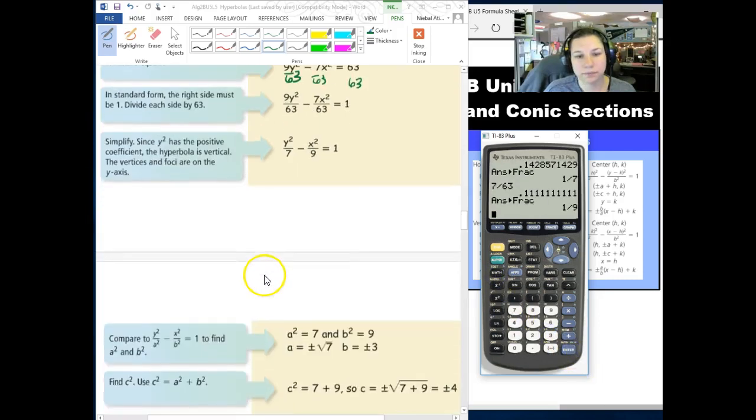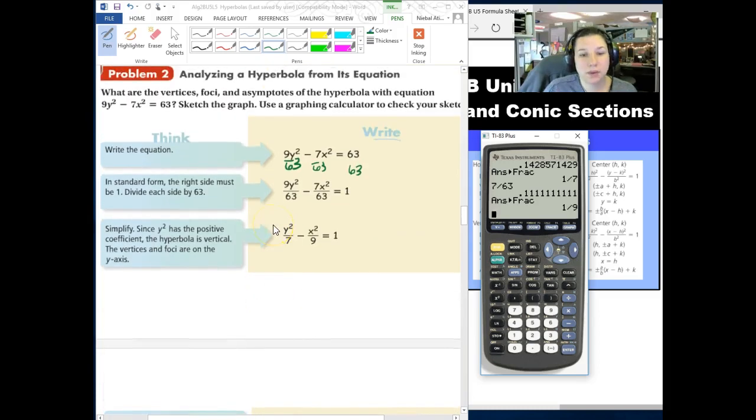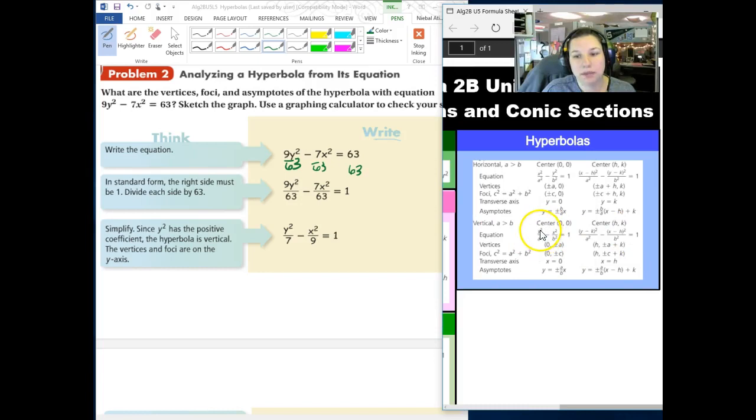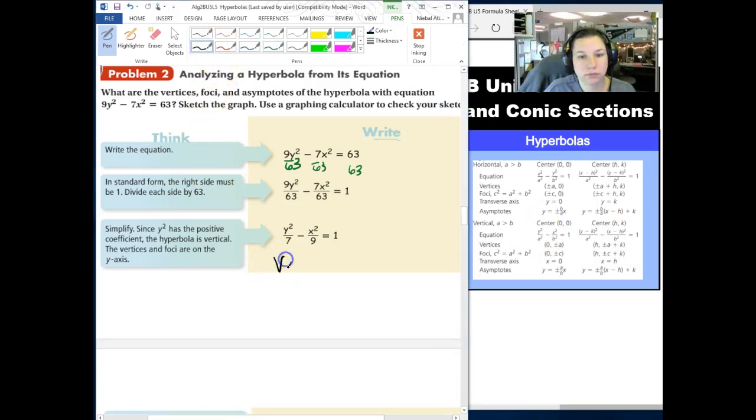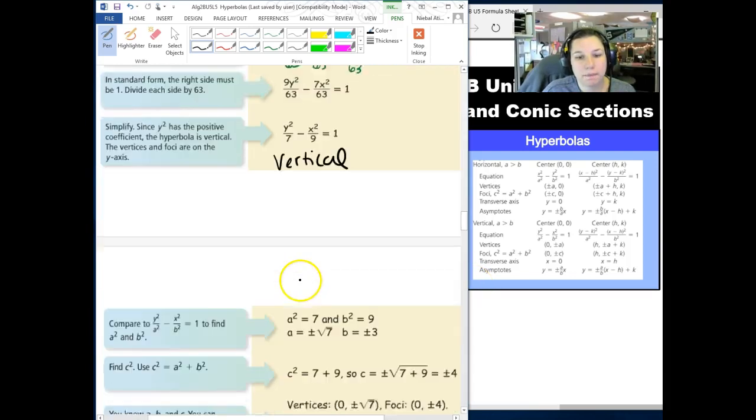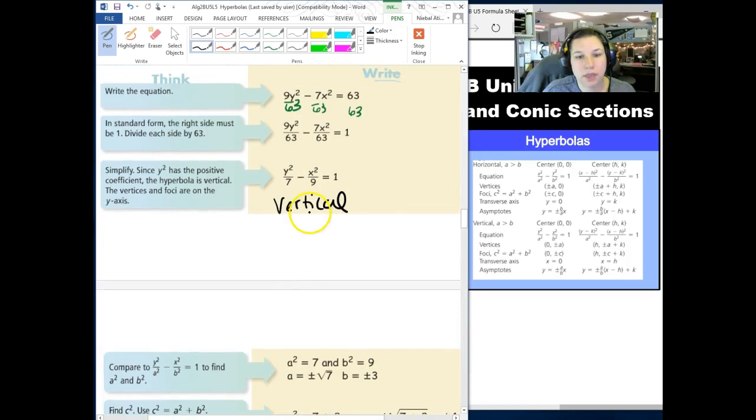and then 7 over 63, get a 9. This equation is y squared minus x squared, so that means that it's vertical. Okay, note that as well. This means that a squared equals 7 and b squared equals 9.